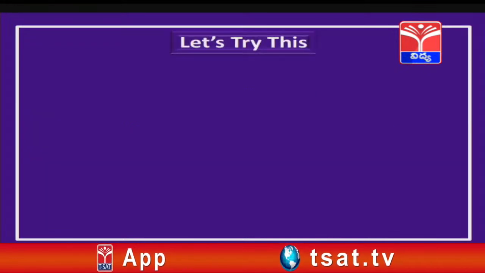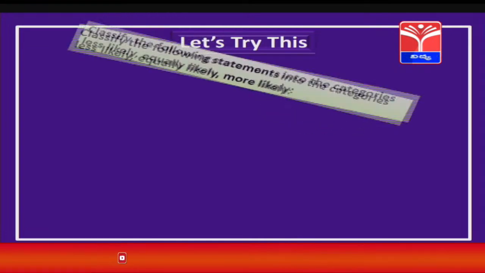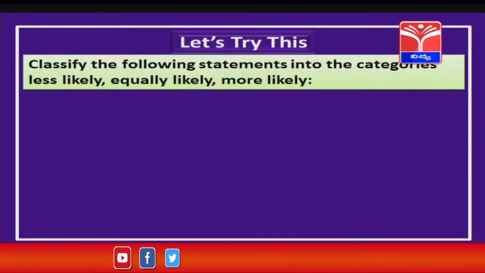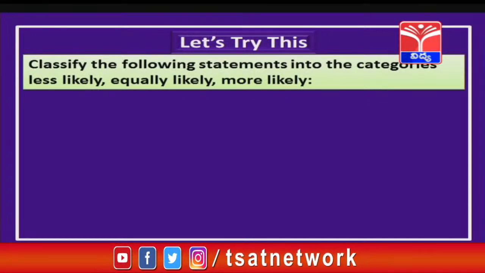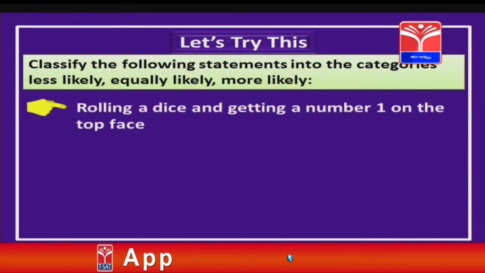Next, children, let us try these questions which are going to be displayed on your screen. Classify the following statements into the categories less likely, equally likely and more likely. The first question is rolling a dice and getting a number 1 on the top face.